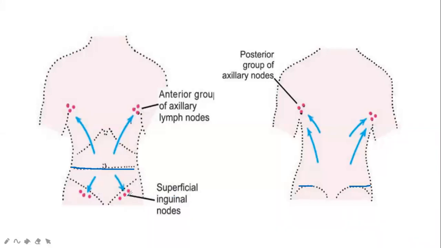Posteriorly above the iliac crest, it goes to the posterior group of iliac nodes, and below that, they also move to the lateral group of the horizontal group of the superficial inguinal nodes.